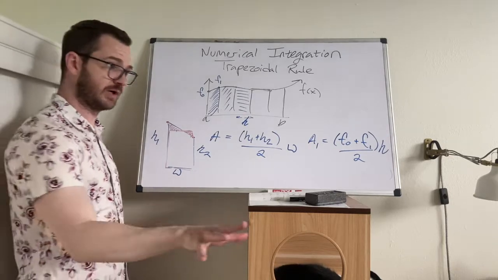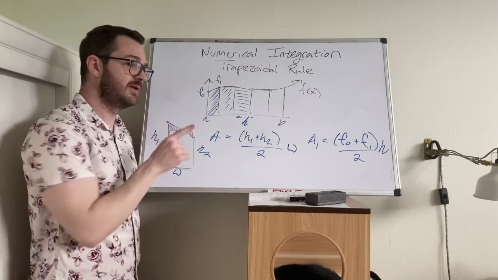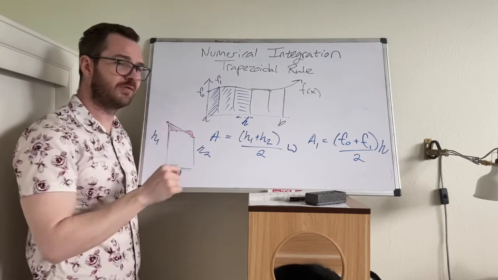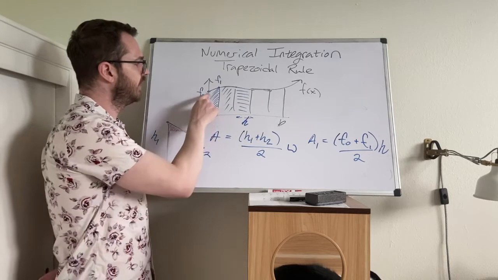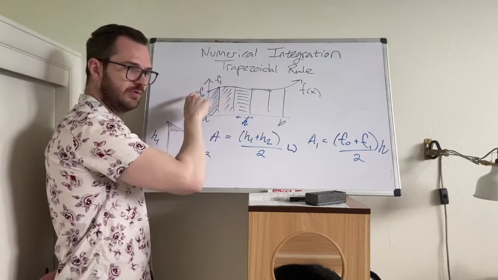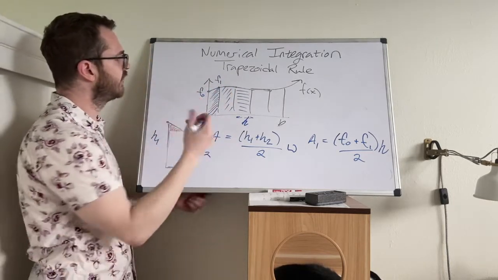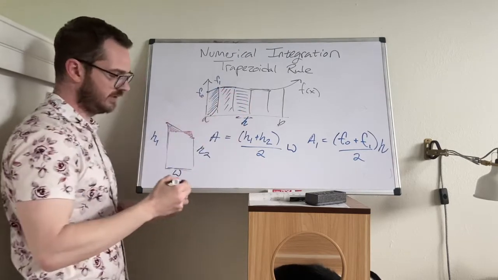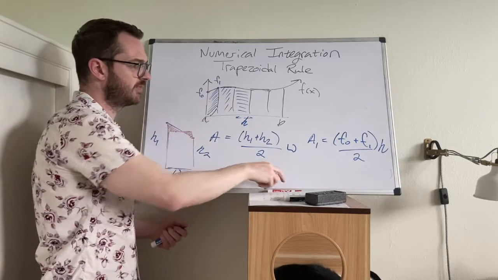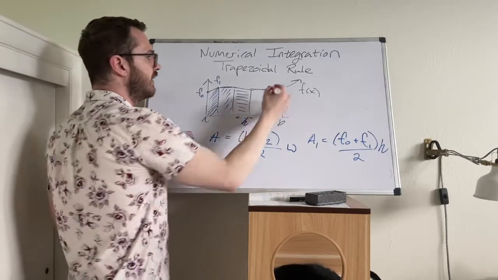Oh, wait, quick comment. This method, better or worse than rectangles? This method is better. Because we're cutting to the points, the error now exists between the line at the top of the trapezoid and the curve.